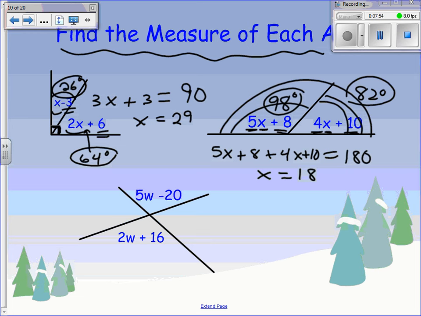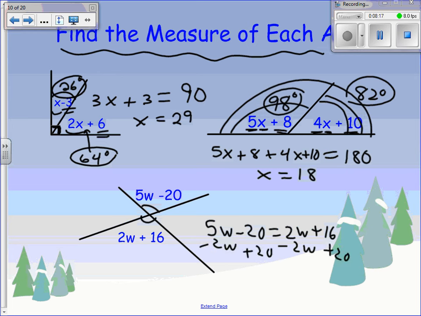The next example here is showing vertical angles. You have the right to set them equal to each other, not to any specific number. You've solved problems like this where variables are on both sides. Solve carefully, bring over what you wish, and get it down to where you solve for x at the very end, or w in this case, sorry.